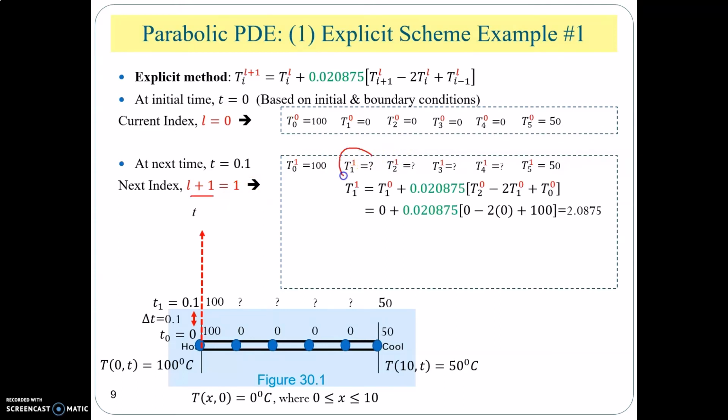To find the temperature at point 1 first, which is at this point, at time equal to 0.1 second, we substitute T11 here, where your I is equal to 1, so therefore you can substitute I here to be 1, plus the constant here. So I plus 1 here, you obtain 2 minus with 2.